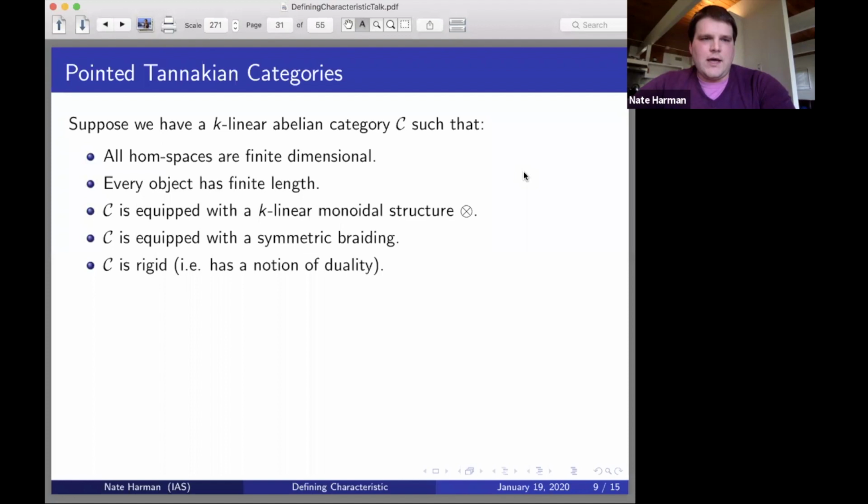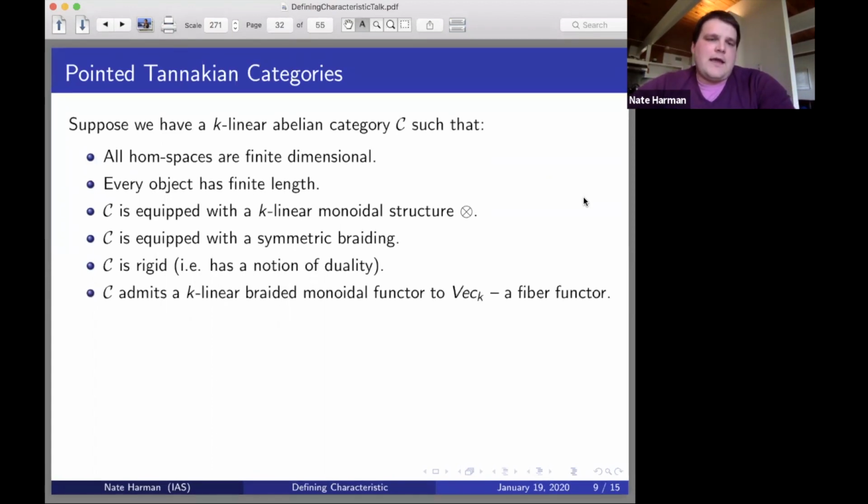The example being a finite dimensional vector space and its dual. The properties that those satisfy, but also a finite dimensional representation of a group. The dual vector space naturally has a G action, and if it's finite dimensional, that together forms a rigid object. I won't go further into what that means.